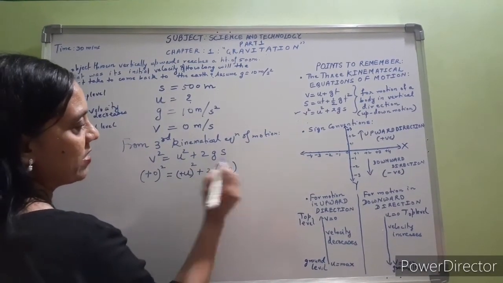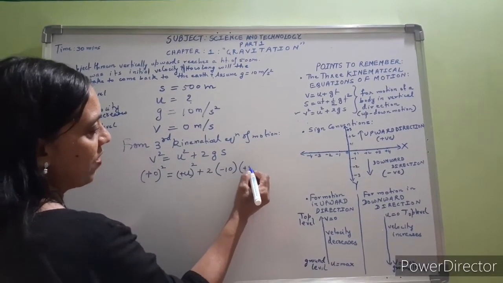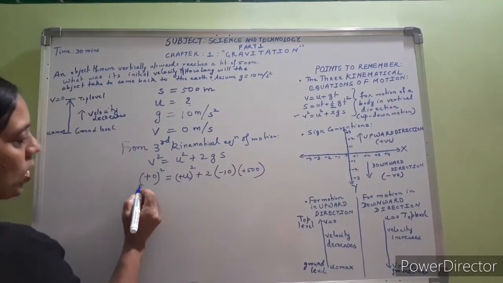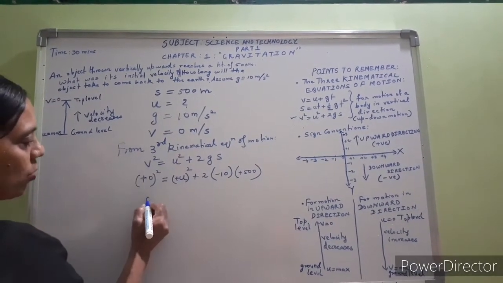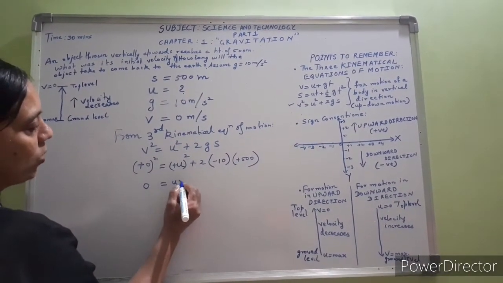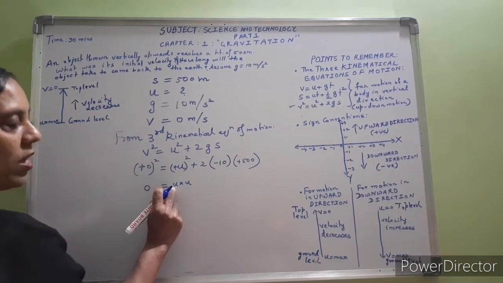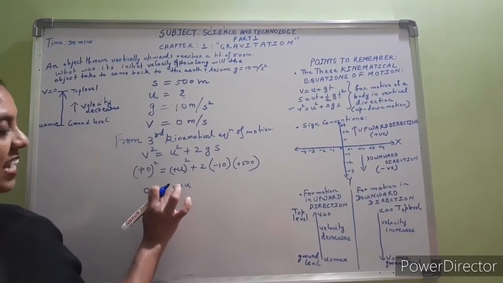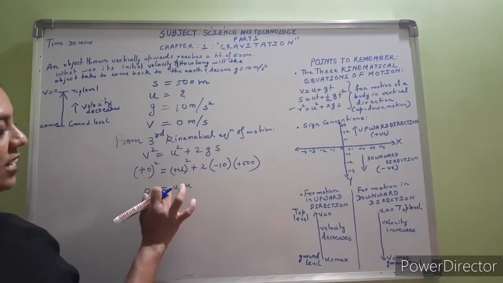So g will be minus 10, s will be plus 500 because the body is going in the upward direction, so it will be positive. Plus 0 square will become 0, is equal to plus u square, that is u into u. u is positive; even if we don't write the sign it is fine, that is, if the sign is not given you have to understand that it is a positive sign.